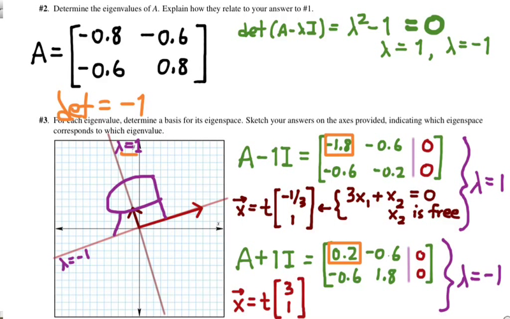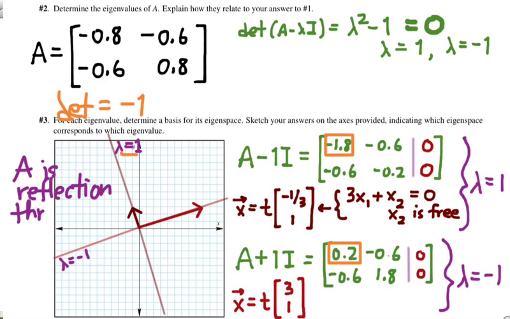So what we can say is that our matrix A exactly represents reflection. And it's reflection through what line? What's our axis of symmetry for this reflection? Lambda equals 1. Right, the lambda equals 1 eigenspace.